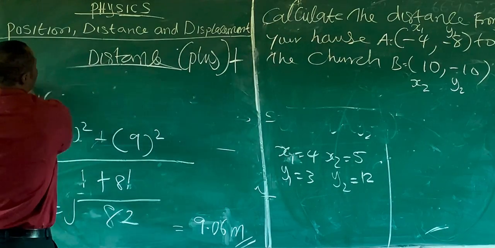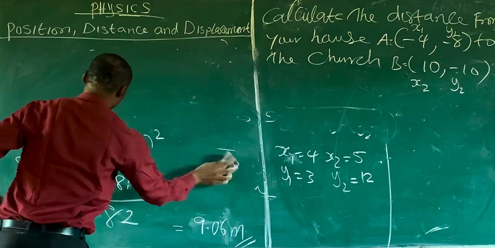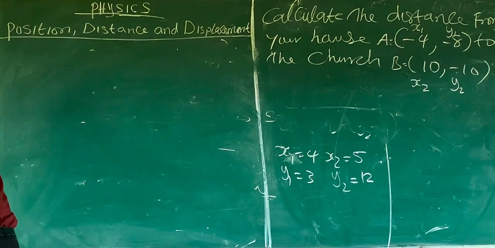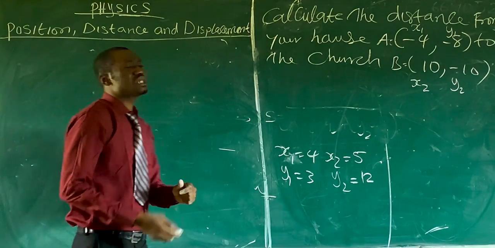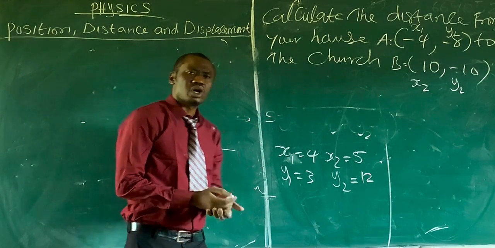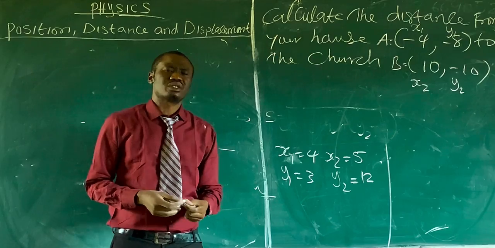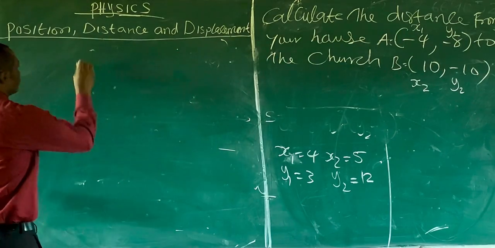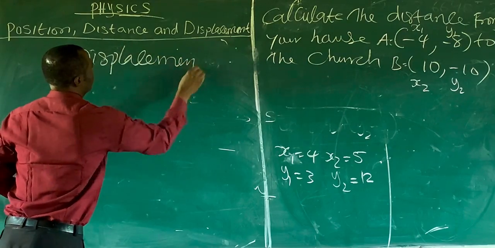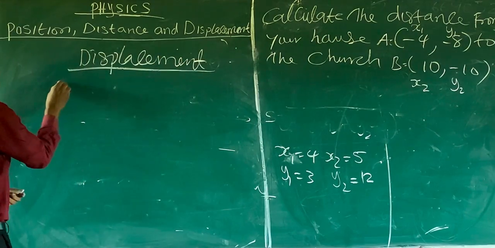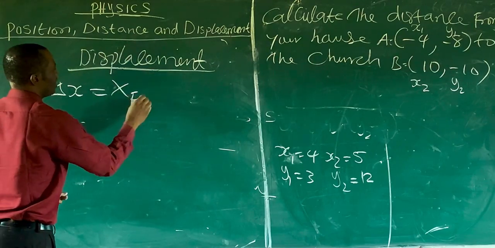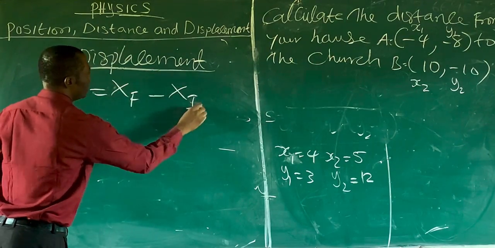So let's look at displacement. Meanwhile, you can have distance in 3 planes, but let's look at displacement because of the scope of what we are to study today. So what is displacement? Displacement is change in x, which is equal to the x final minus the x initial.